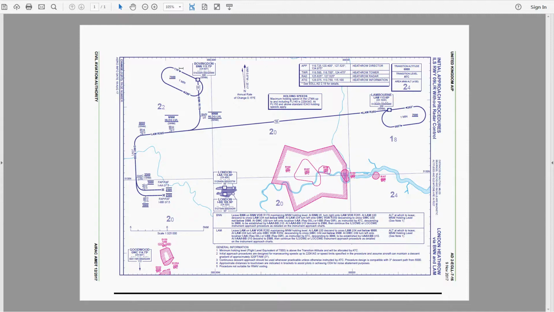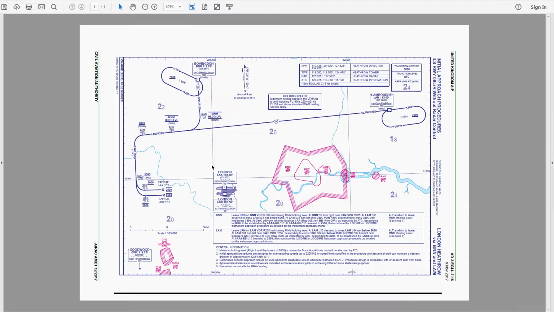But if they were to vector you in from this point, from Bovingdon, let's say you're flying a British Airways aircraft, call sign Speedbird, let's go for, why not, Speedbird 737.